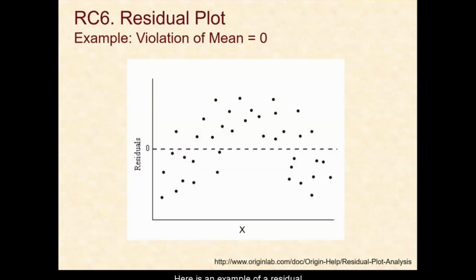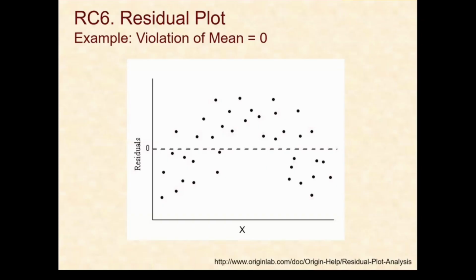Here's an example of a residual plot that does suggest a problem with the assumptions. The problem indicated by this plot is with the assumption that the mean of the distribution is 0 across all possible values of x. As we look from left to right, we see that the mean of the residuals seems to have a clear pattern from being negative on the left, then becoming positive in the middle, and returning to negative again on the right.